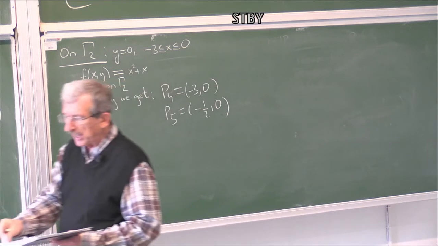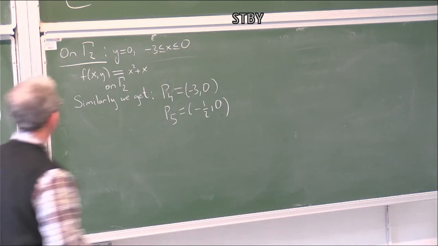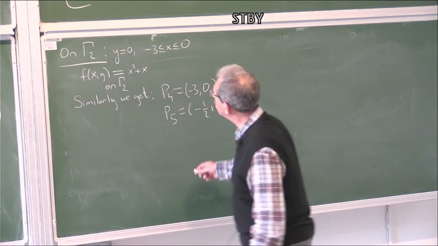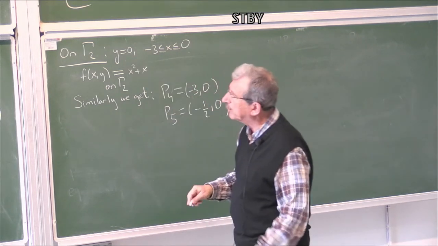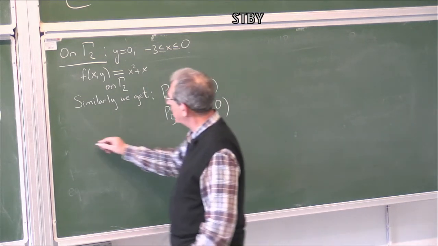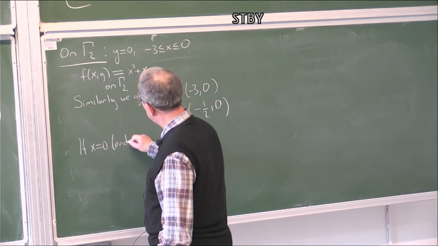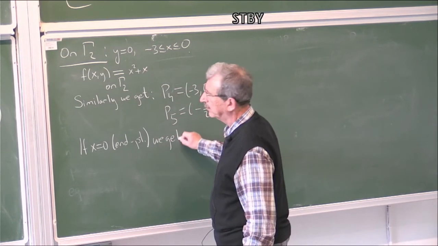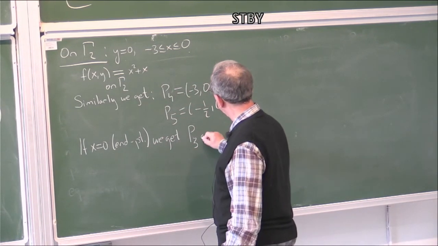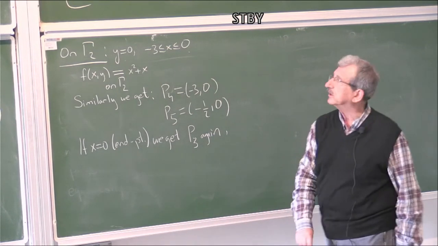And of course, we have x equal to 0. That's also a possibility. But if x is 0, y is 0, we get the point 0, 0, and if x is 0, it's an endpoint. We get P3 again, so we don't count it.